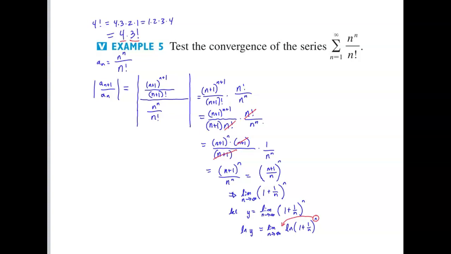So now I can bring that n down and say, okay, ln y equals the limit as n goes to infinity of n times natural log of 1 + 1/n.